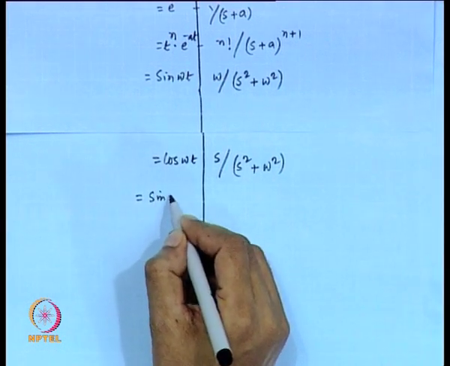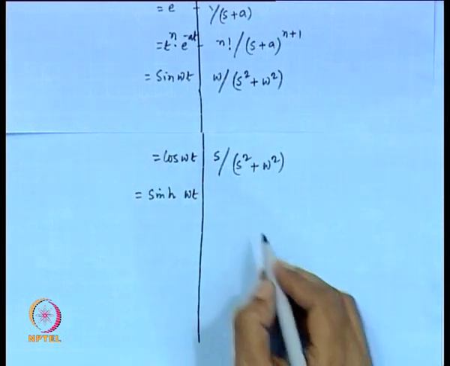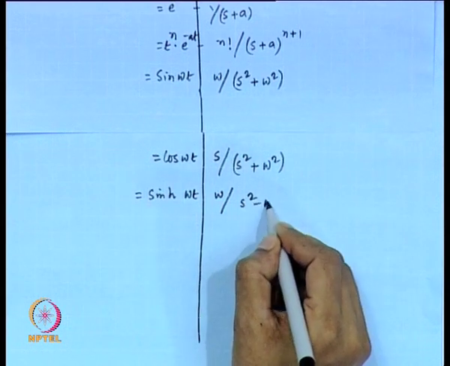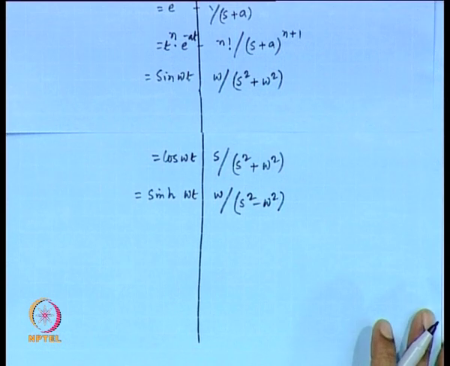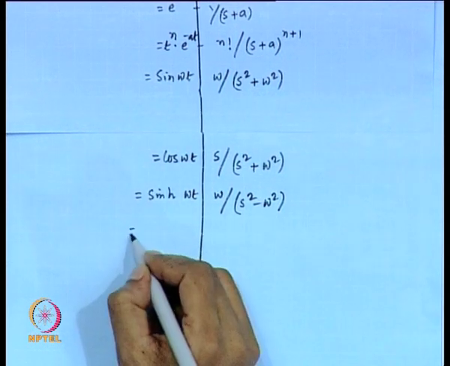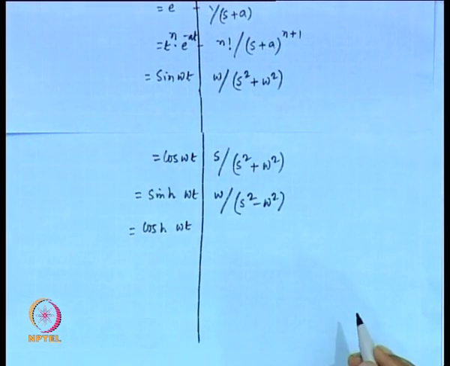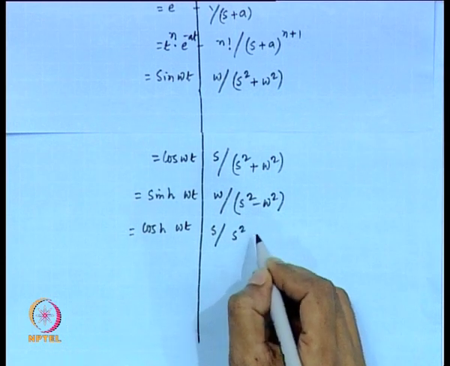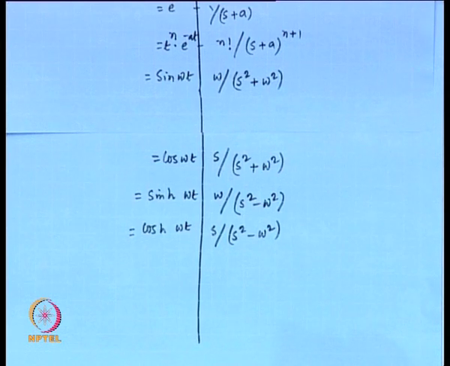This is sin hyperbolic omega t. Laplace transform is omega divided by s square minus omega square. If this is cos hyperbolic omega t, Laplace transform is s divided by s square minus omega square.